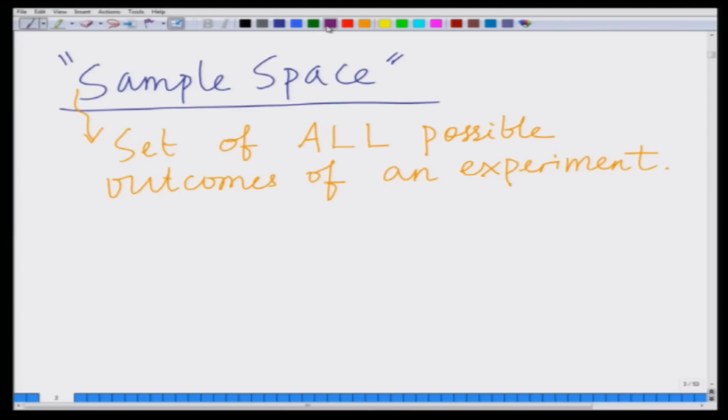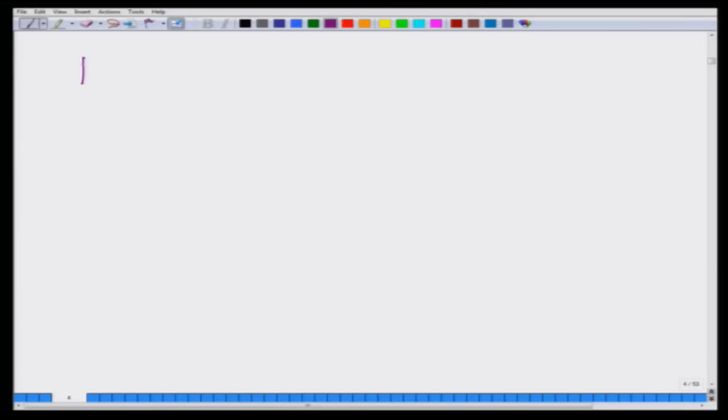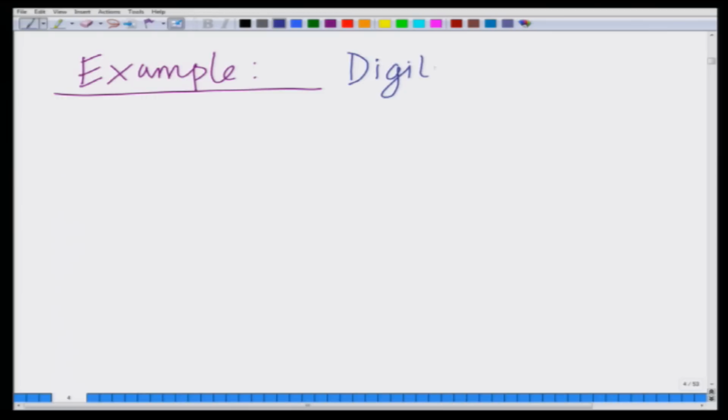For instance, let us again take a pertinent example from the context of communication for sample space. In this example we are going to look at a digital modulation format.